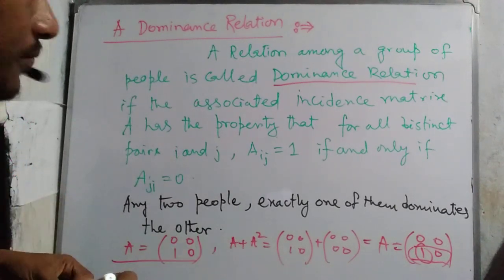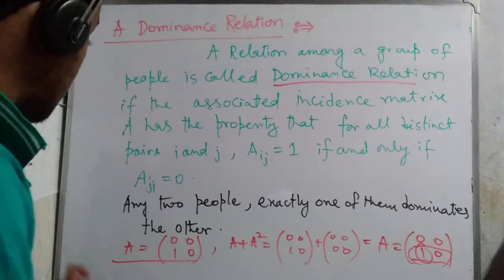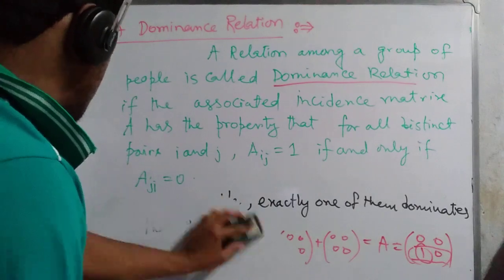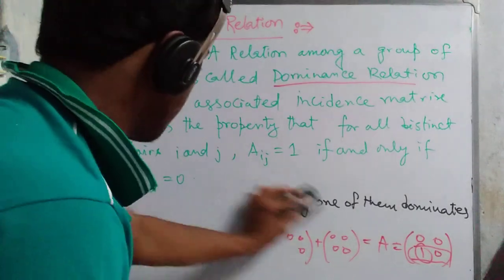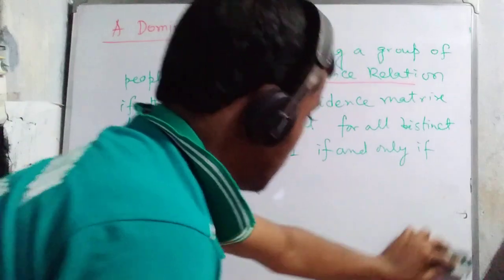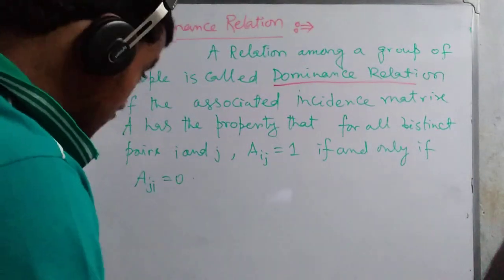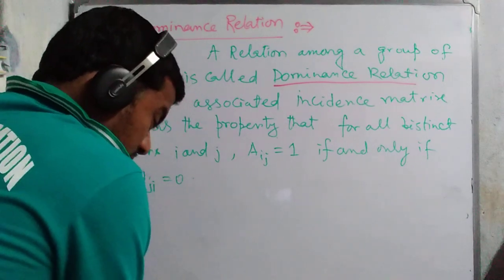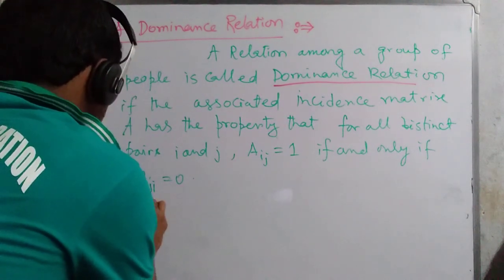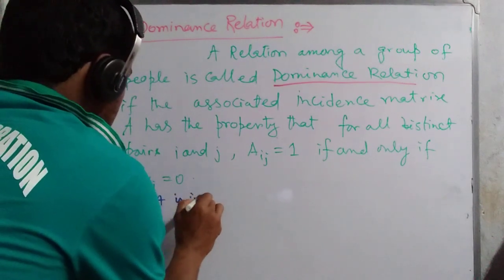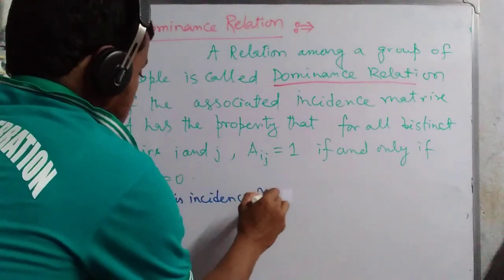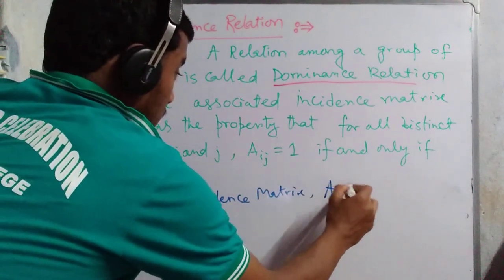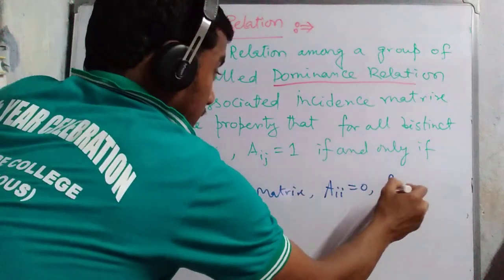We write it now. We erase that portion, and write the criterion of dominance relation in the lower portion. Since A is an incidence matrix, Aii equal to 0 for all i.